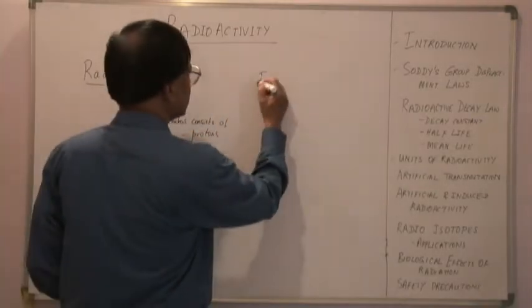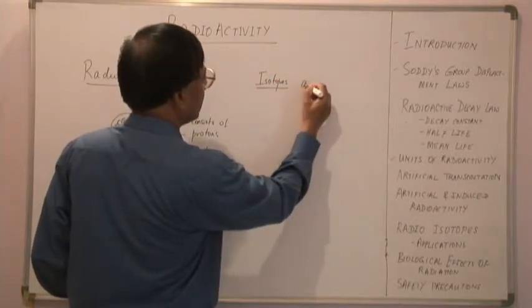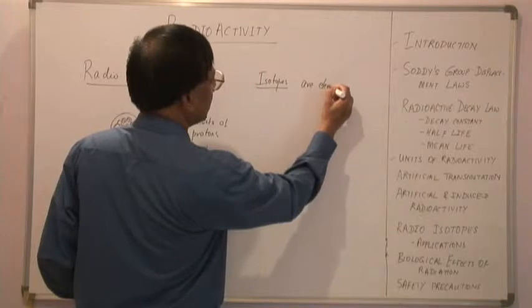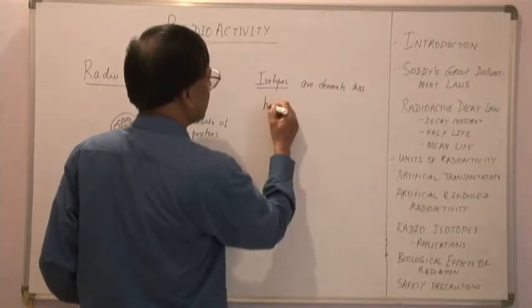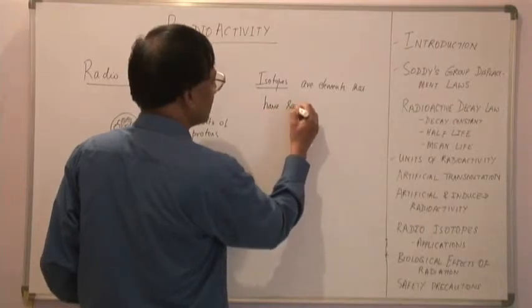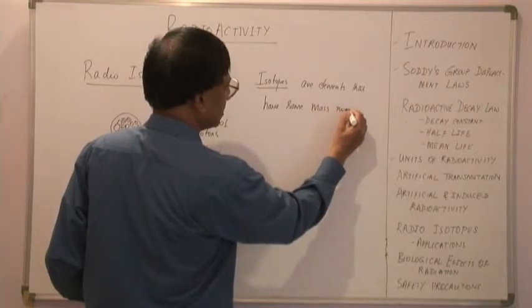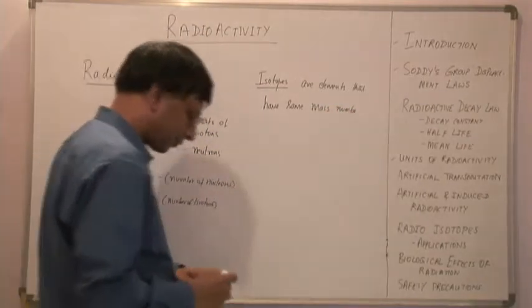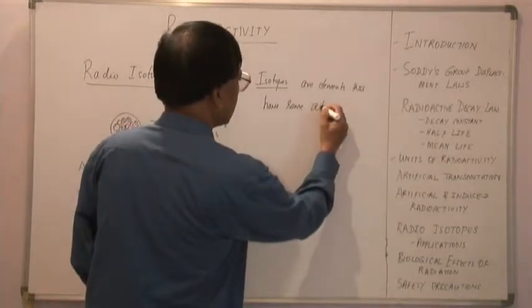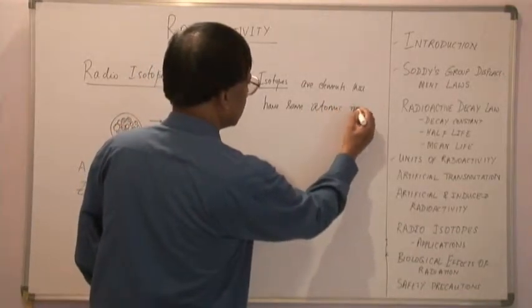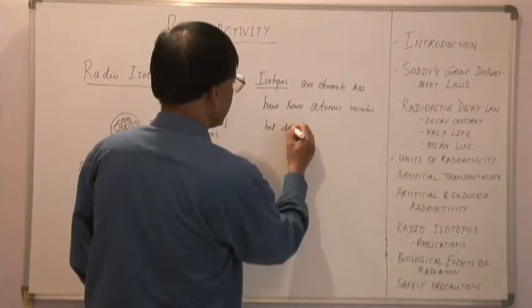So isotopes are nuclei that have the same atomic number but different mass number.